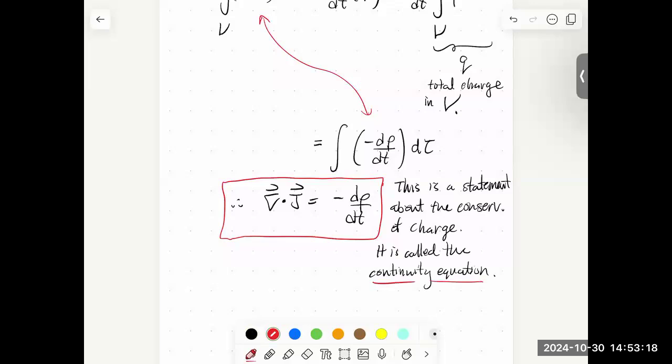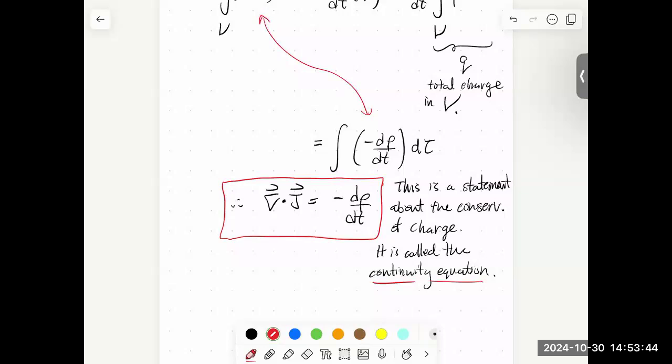There's a special case of this, and the special case corresponds to a steady current. By steady current, what we're going to mean is I have some wire that has some volume. Maybe we have some current flowing in that wire, and maybe some current is exiting the bounding surface.